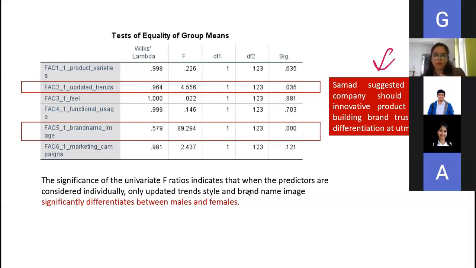So this is the test of equality. You say that these are equal, and then you look at the significance. That means they are significant, you reject it, and then you say that these two are significant. So Samad was right when he said that the company should invest in innovative product styles and building brand trust to create differentiation at utmost levels, because males and females treat these things differently, updated trends and brand name.